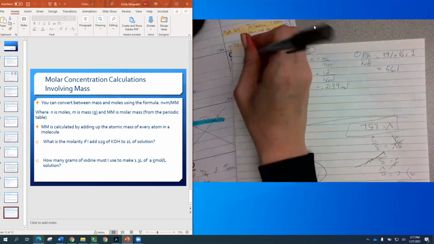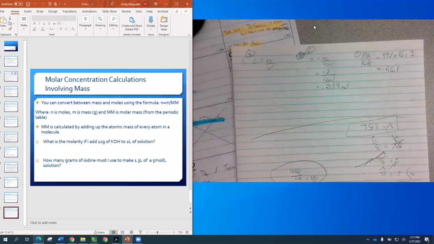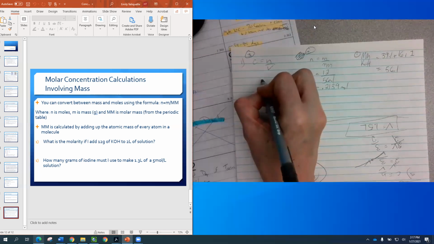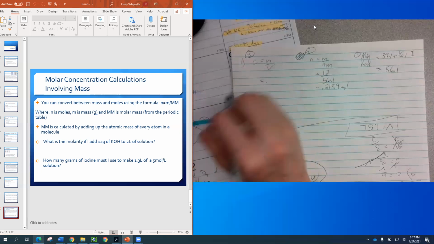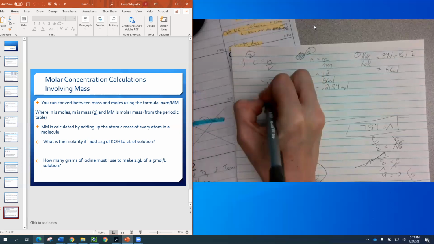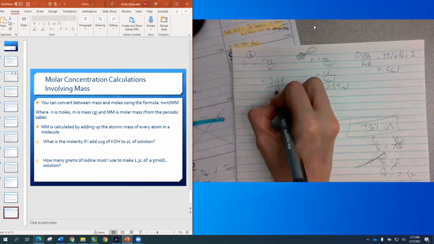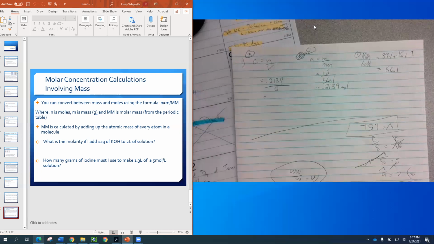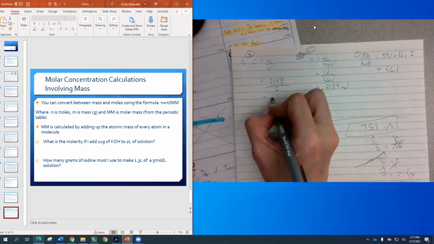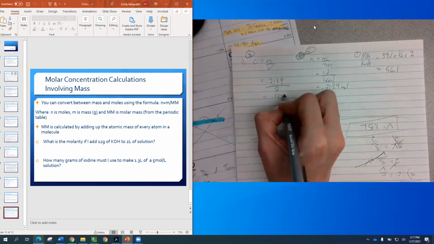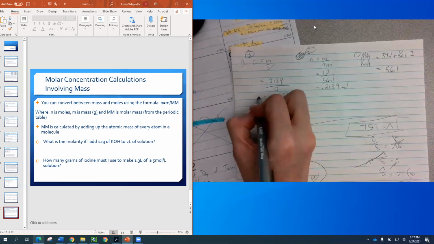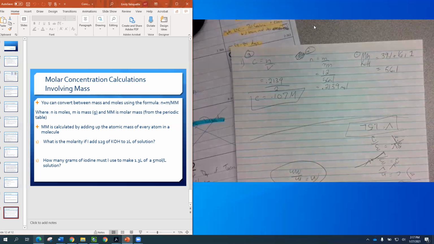Now, finally, I can go back to my C equals N over V formula because I now have a mole amount to plug in and the volume, the 2 liters that I was given. And I just divide those to get 0.107 molar as my concentration. So pause here and try the next question on your own and then come back for the answer.